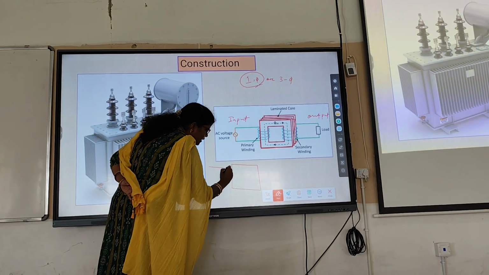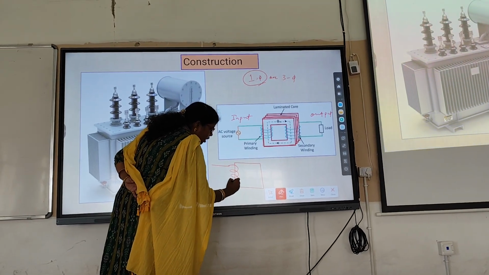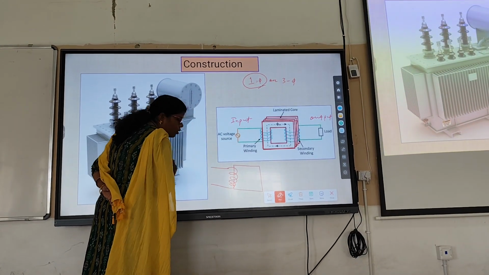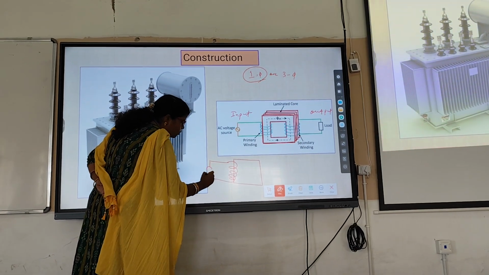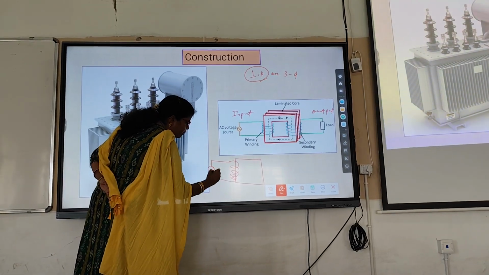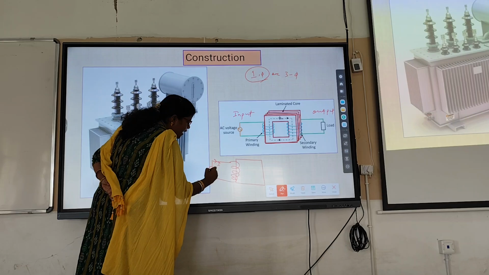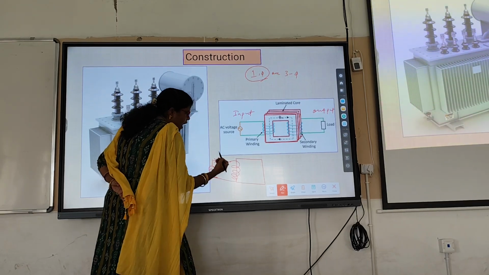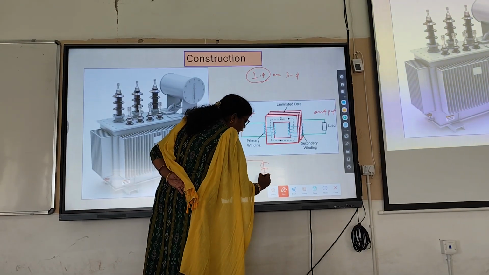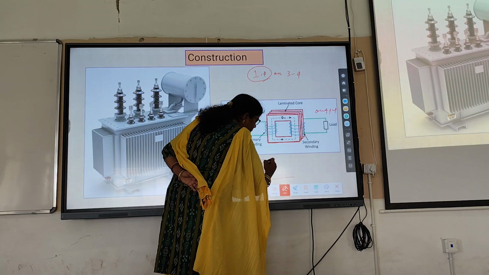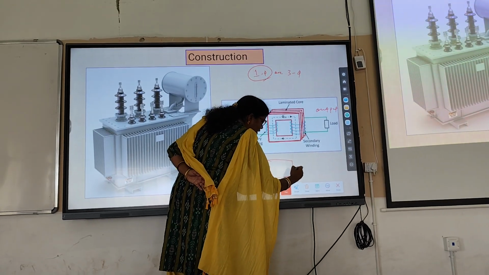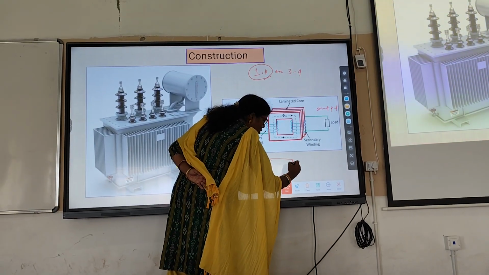Then this is the input side, the number of turns of the winding, and this is used as an input. That's why we give the electrical AC source. On the other side, we also take supply from the core and it is connected with the load.